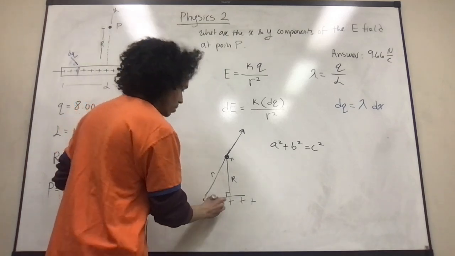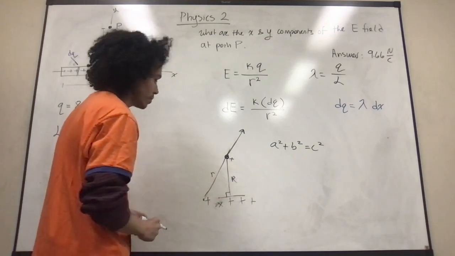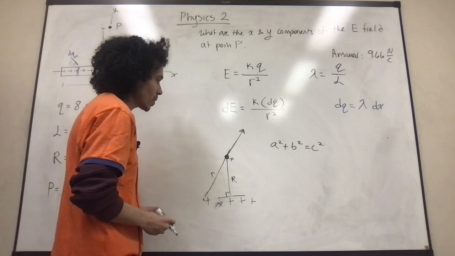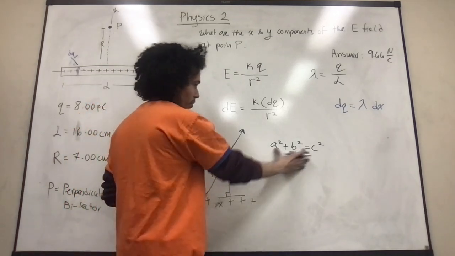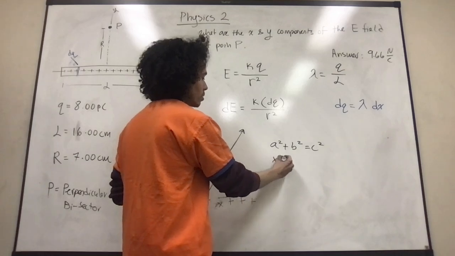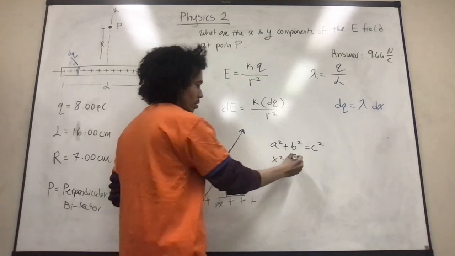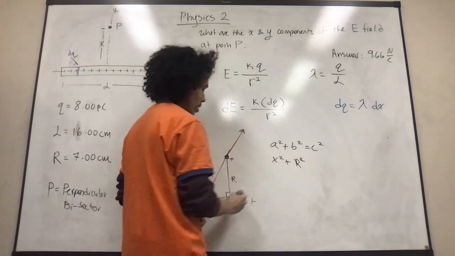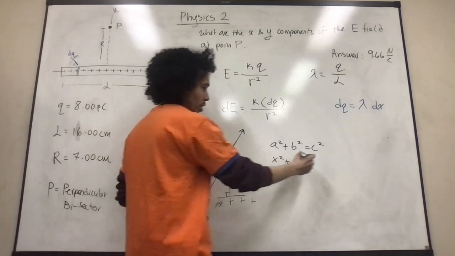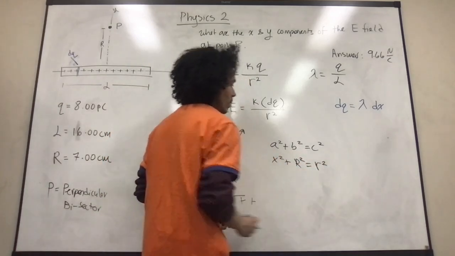So if we replace these values, x squared plus r squared is going to be equal to the hypotenuse, which in this case is r.